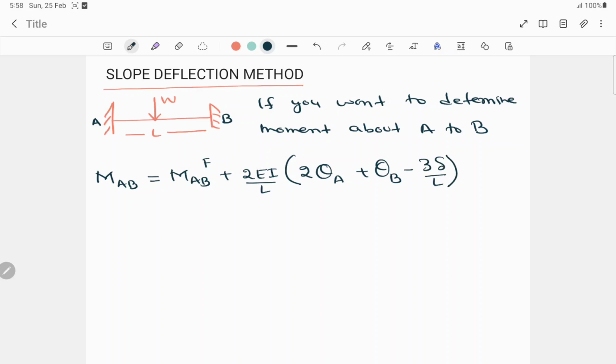So if we want to determine the moment about A to B, then we have to use this formula.